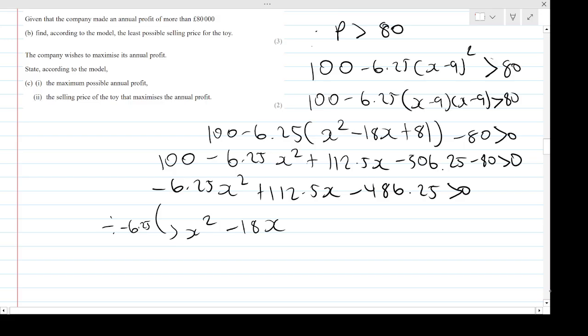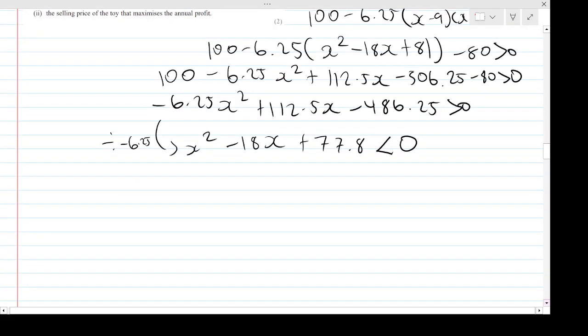I then get plus 77.8. And now that's going to be less than 0, because remember we divided by a negative. So when you divide or times both sides of an inequality by a negative number, you have to flip the sign. So in this case, it's less than 0 now. There we are.